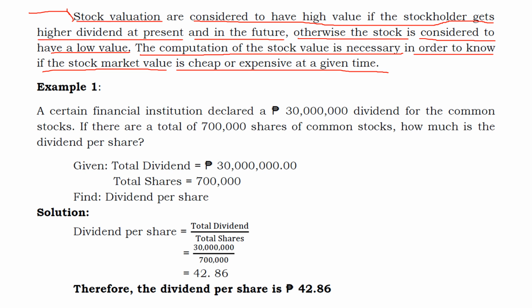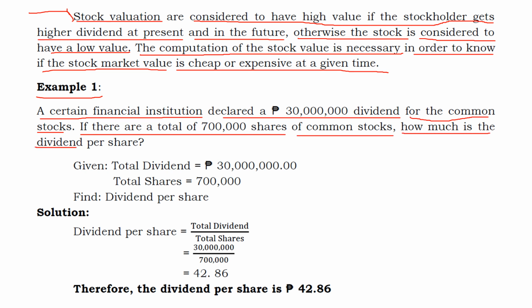Now, dealing with example number one. A certain financial institution declared a 30 million pesos dividend for the common stocks. If there are a total of 700,000 shares of common stocks, how much is the dividend per share?